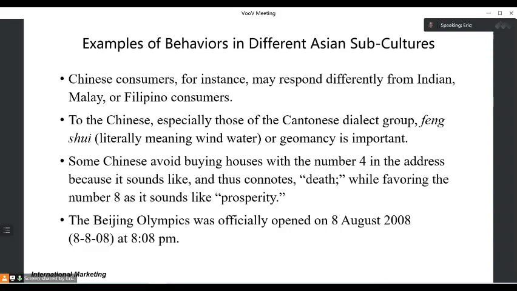They want to choose a very good day and a very good time for their activities.